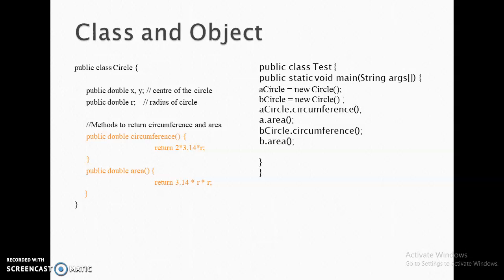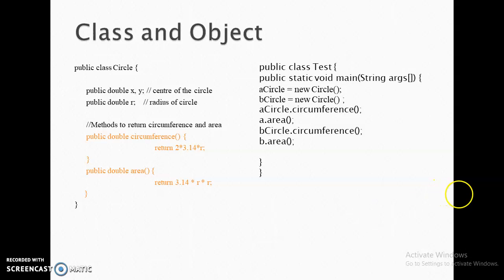Then through a circle we can call the method circumference and access area to print circumference and area as per the data. So x, y and r are not given. This is actually abstraction. We have not given the details because the students have the basic knowledge of how to create these things.